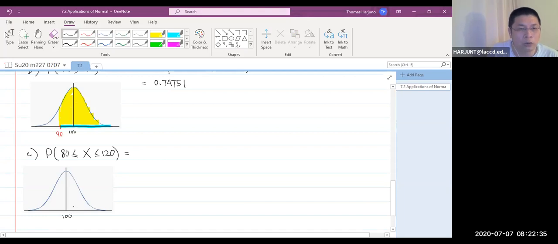What I do right now, I graph the density curve, but you don't have to, unless instructed. This is not part of the requirement for you to show me. It will be nice though, because then you can figure out which region we are talking about. So we want this region, the IQ score between 80 and 120.